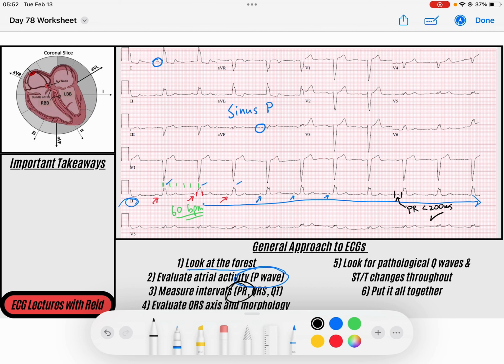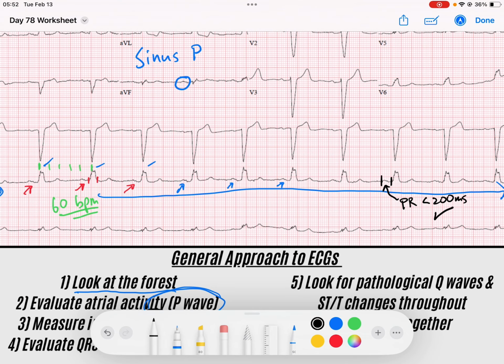We need to make sure that with the PR interval, we're not only looking at one isolated beat. When you're talking about the PR interval, instead of thinking of it as the PR, think of it as the AV node. Is the AV node functioning in some predictable fashion every time, right? We can't just measure one PR interval to do that. So you scan throughout, and you make sure there are no dropped P's.